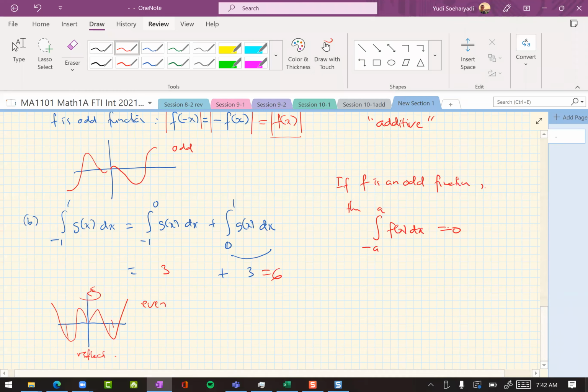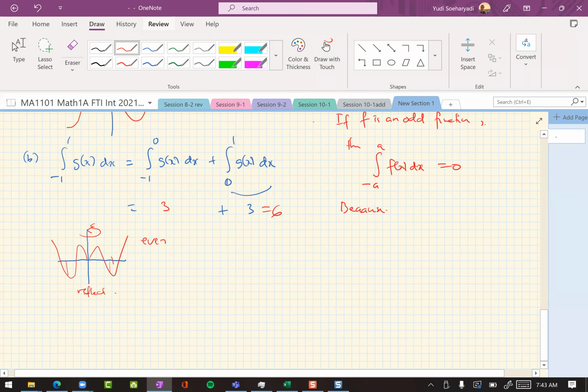Why? Because if you have something like this, say this is A, this is minus A. This picture is going to be something that looks like this one.